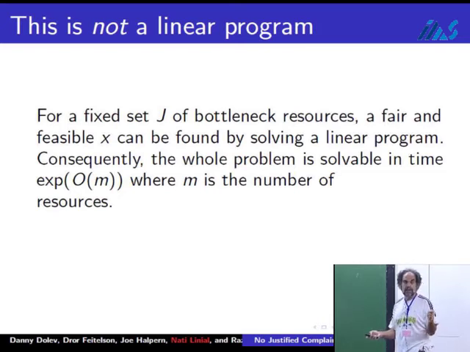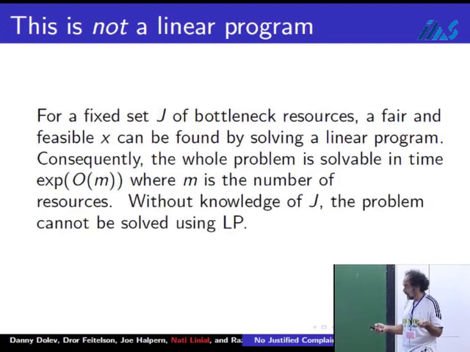If the set J of bottleneck resources is fixed, then finding the X is a linear program. But there are 2 to the m such possible subsets. In particular, this gives you an algorithm exponential in m. But without knowledge of this set, it's not a linear program.